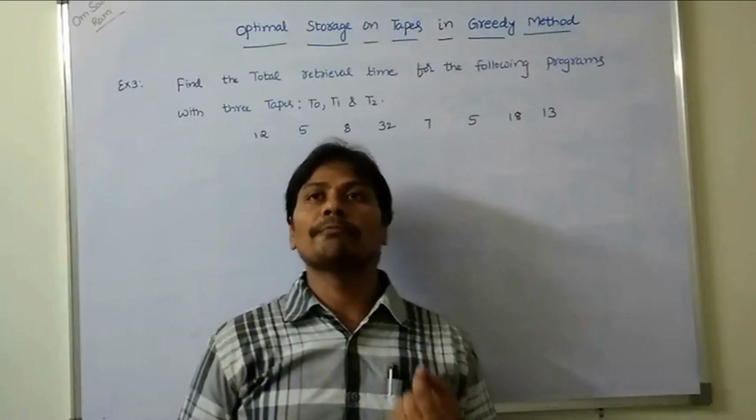In ascending order, that is 5, 5, 7, 8, 12, 13, 18, 32.